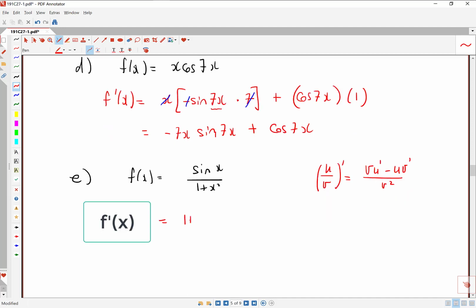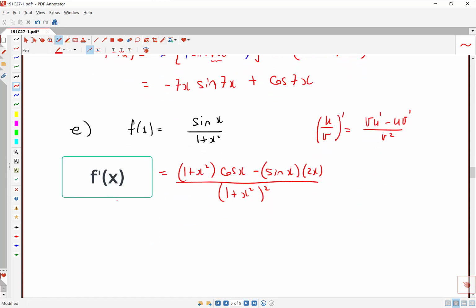So we'll start with our denominator, the 1 plus x squared, multiply by the derivative of the numerator, which is cos x, and then we subtract off our numerator, sine x, times the derivative of the denominator, which would be 2x. Okay, and then that all goes over the denominator squared.